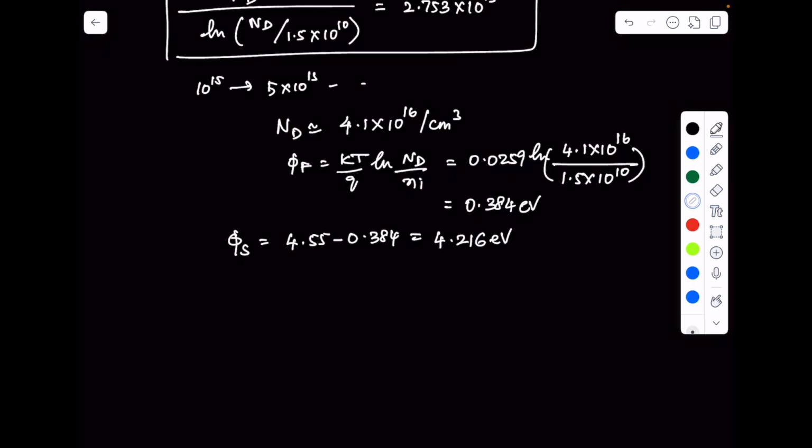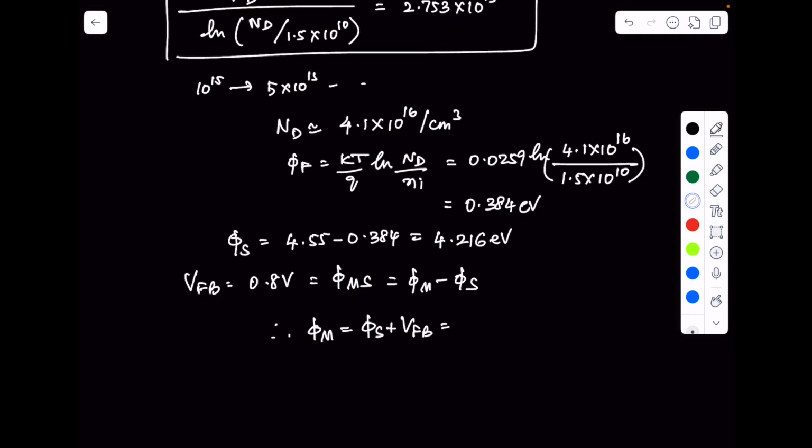Right? Now in this case, the flat band voltage we read off the figure is 0.8 volts. And this flat band voltage is nothing but phi m minus phi s. So therefore the work function of the metal is nothing but phi s plus the flat band voltage.